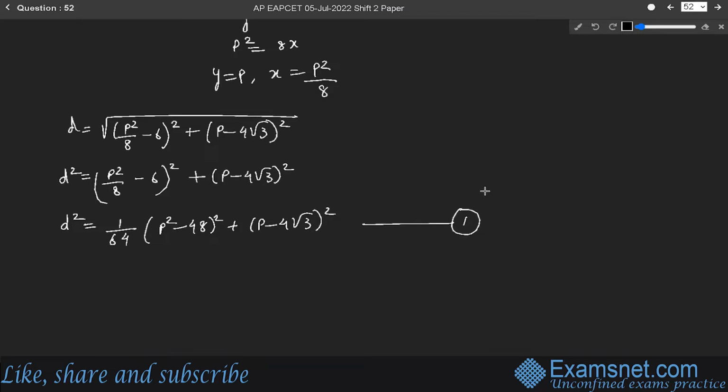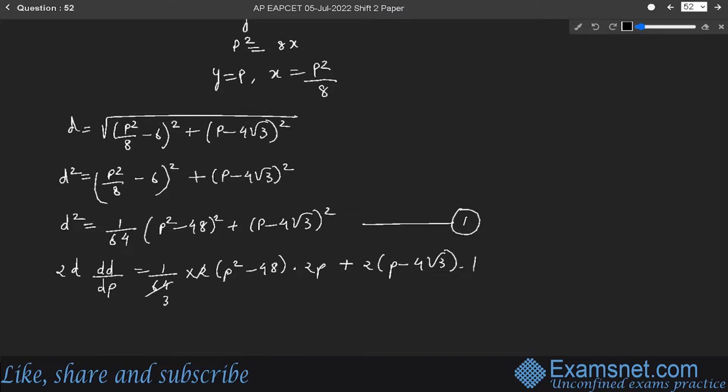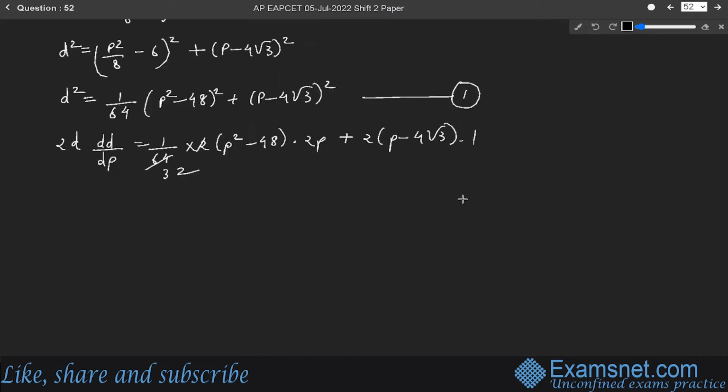Differentiating both sides with respect to p, we get 2d dd/dp, or d/dp of d, equal to 1/64 [2(p² − 48)(2p) + 2(p − 4√3)(1)]. 2 and 64 will be cancelled. So it will be equal to 1/32 [(p² − 48)(2p) + 2(p − 4√3)].